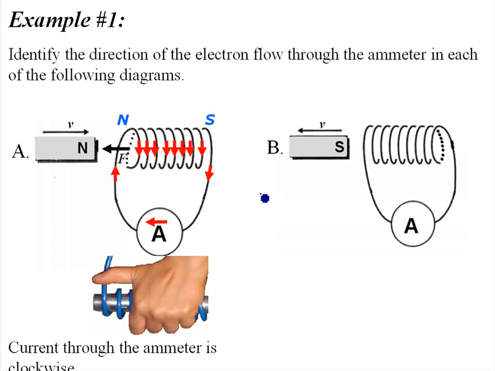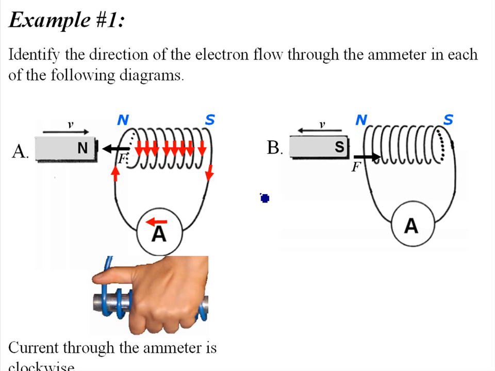Looking at example B, now it's a south pole moving away. So I need a force to oppose that motion. If the velocity is moving away, the force has to be back towards. To attract it to the coil, I'm going to need a north pole on the coil. To get a force to bring it back has to be an attractive force, north-south.